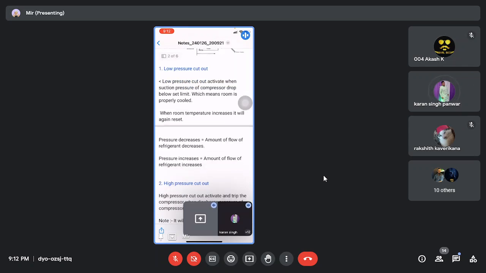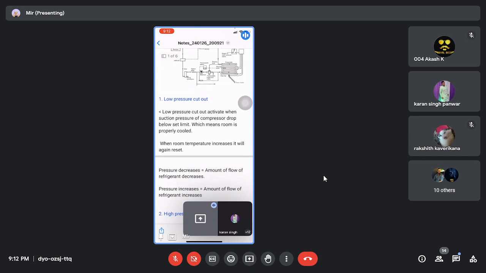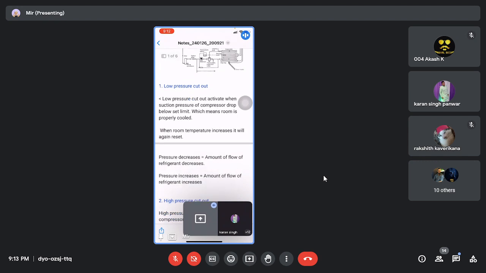Okay, I wrote this myself, pressure decreases equals amount of flow of refrigerant decreases, to make it easily understandable. We say when low pressure cutout happens, pressure decreases. It means the amount of flow of refrigerant into the evaporator also decreases.